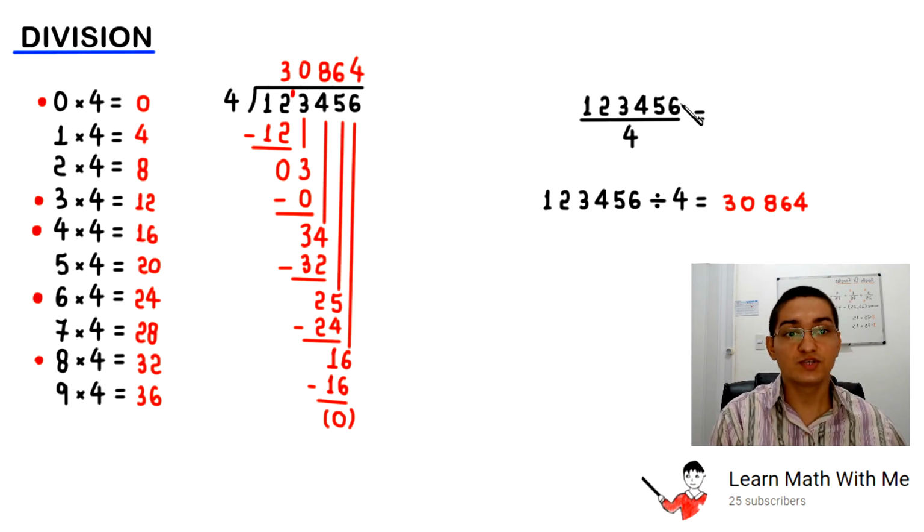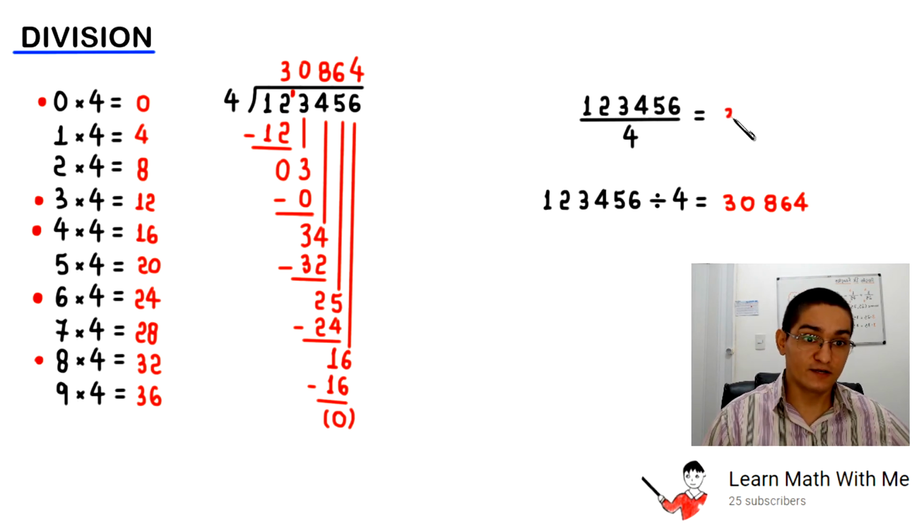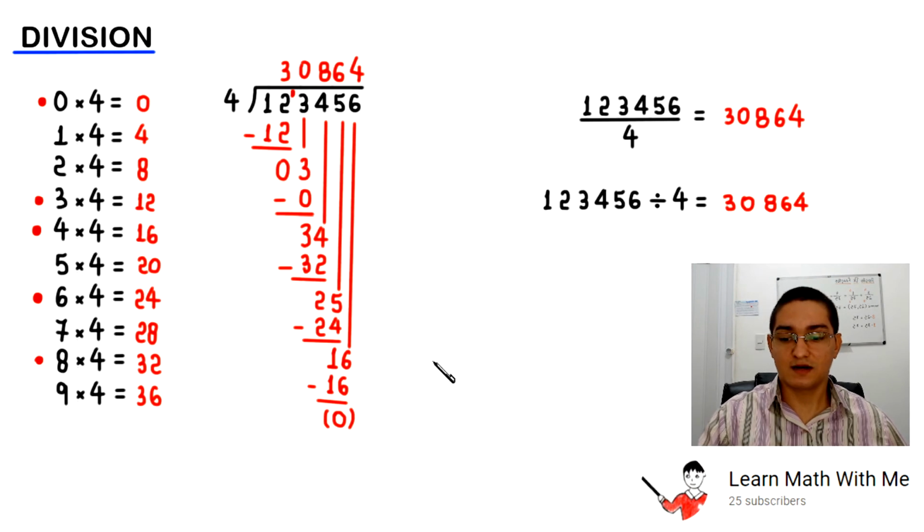We can also use a fraction to represent the exact quotient from that division. So we can say that 123,456 over 4 equals 30,864. Notice that because of this division, we can write the following.